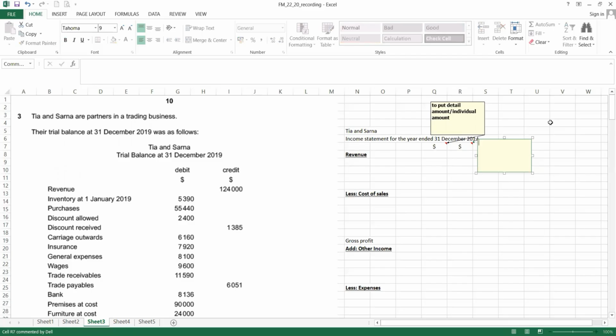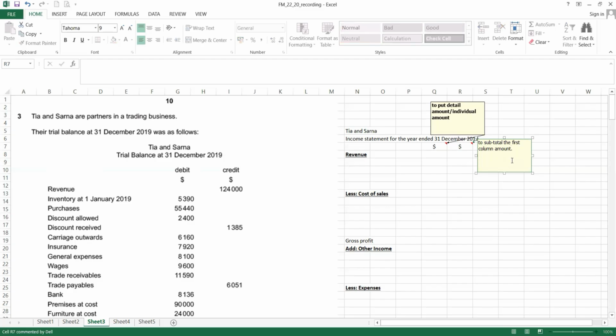The second column is to subtotal the first column amounts. If you have more items, then after that you put the subtotal into the second column.